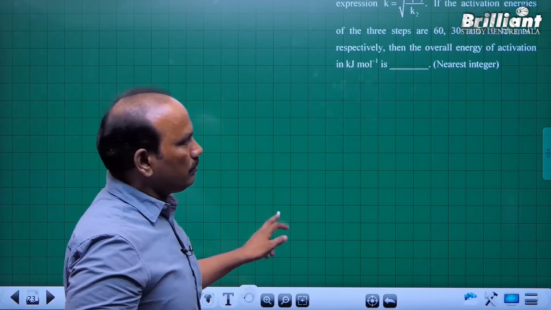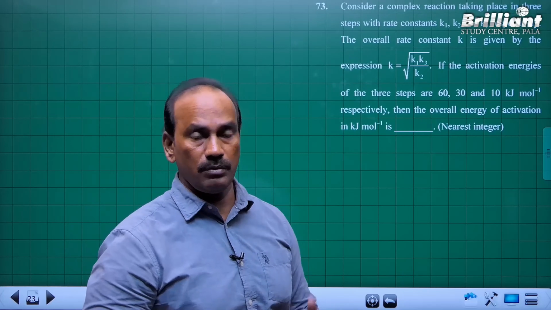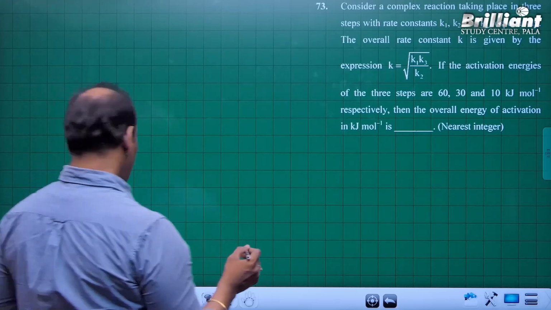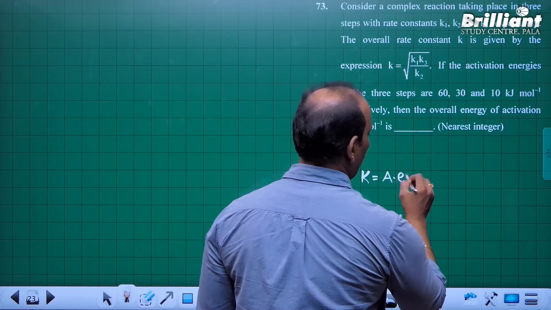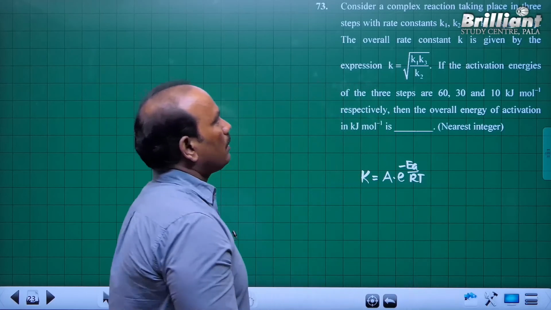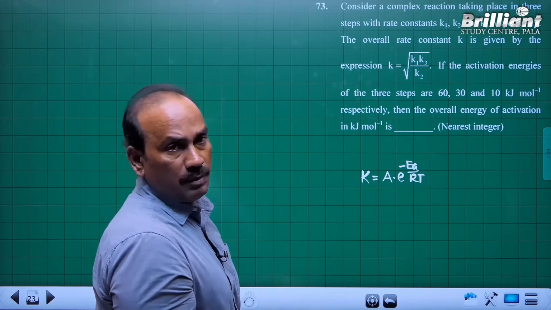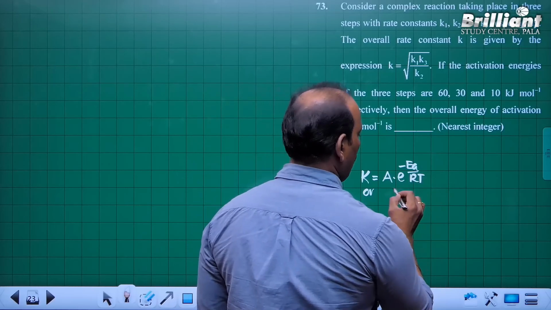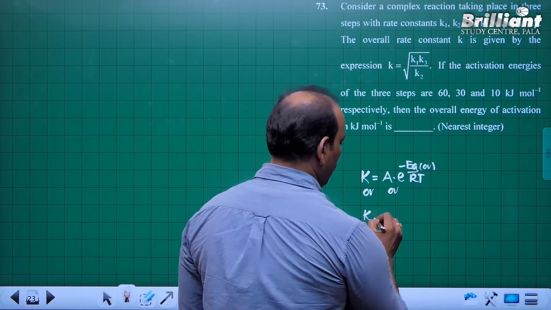Next one. In kinetics, one of the important models, compared to this, in JEE Advanced level, this is very important. Here K1 is given. According to Arrhenius, K equals A into e power minus EA by RT. Now, we consider a complex reaction in 3 stepwise constants, stepwise rate constants. This is the overall rate constant, and this is the overall activation energy.